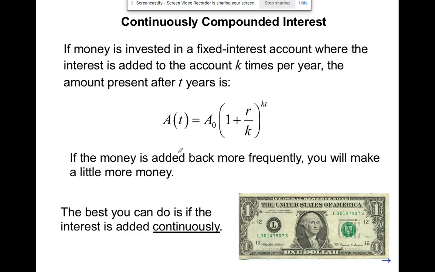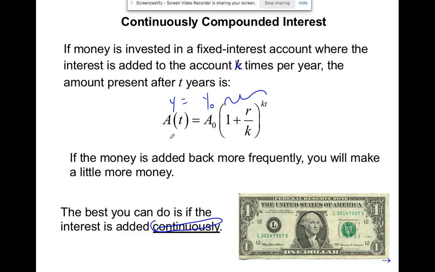The solution to a differential equation. This is y is equal to y sub 0. This isn't e to the t yet because I haven't dealt with adding the interest continuously. I've only dealt with it adding k times per year.